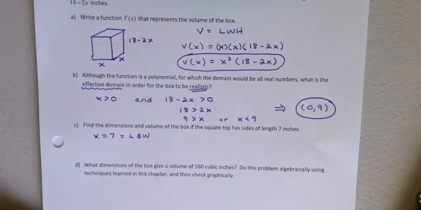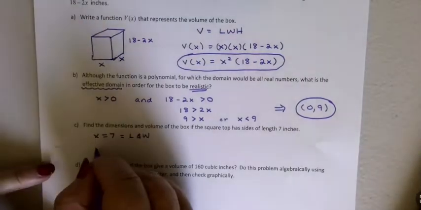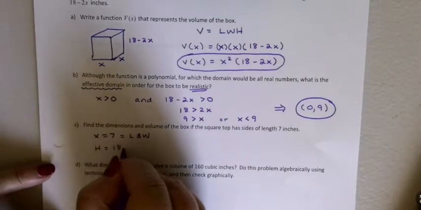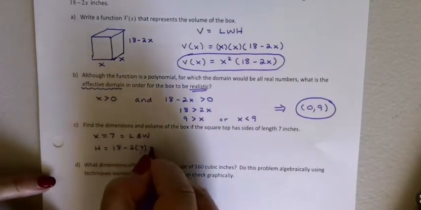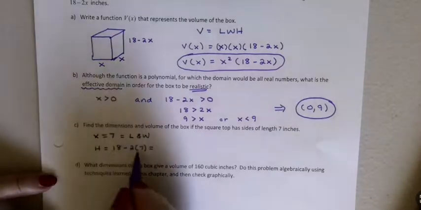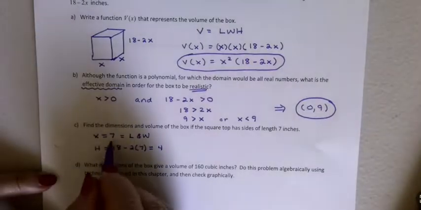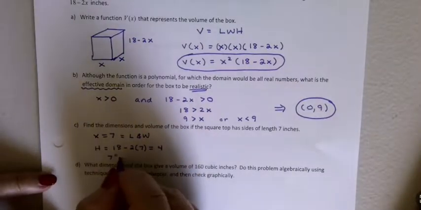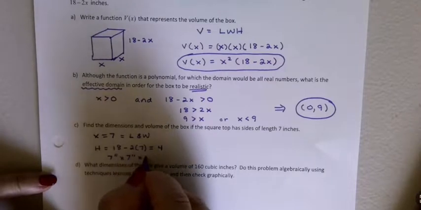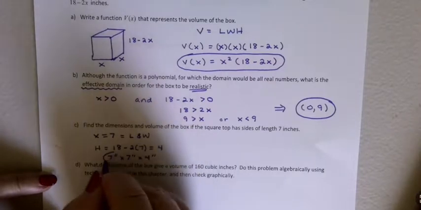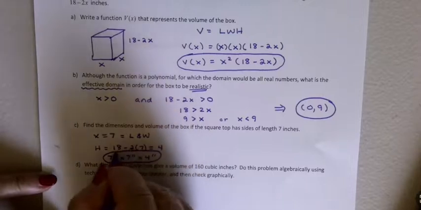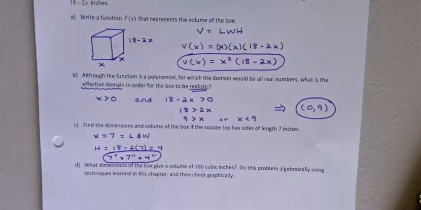But I also need the height to give all the dimensions. So then I'm going to say my height would be 18 minus 2 times 7. 18 minus 14 would be 4. So my box is 7 inches by 7 inches by 4 inches. Dimensions, just length, width, and height listed out.